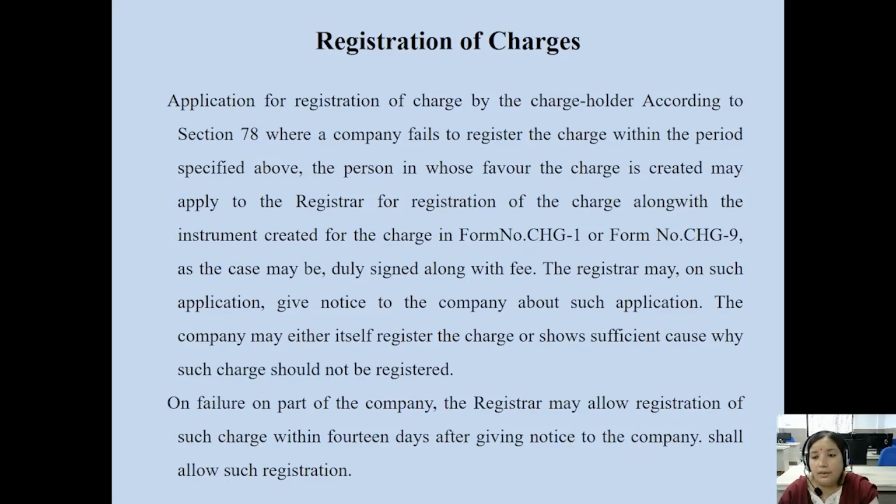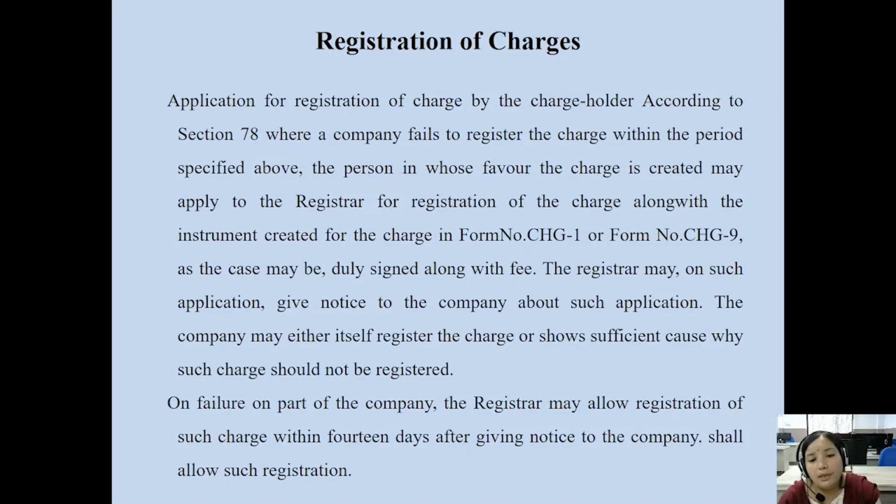So on any failure on their part, the registrar may allow registration of such charge within 40 days after giving notice to this effect to the company, and that notice gives you permission for registration by the registrar of companies for the purpose of recording the register of charges of the company.